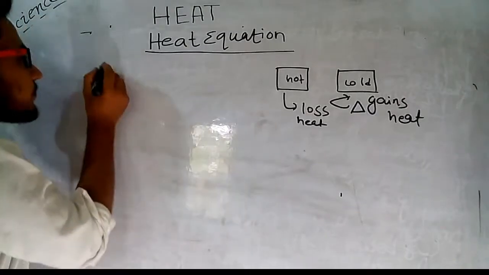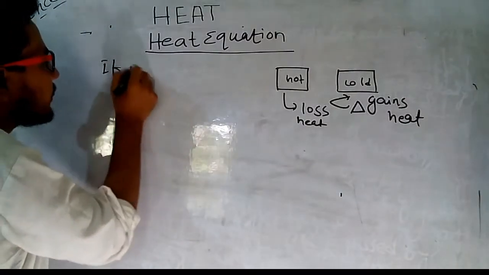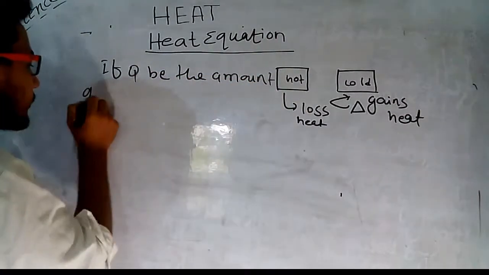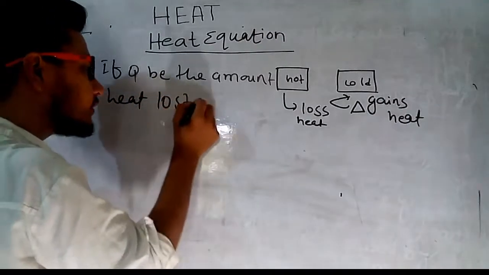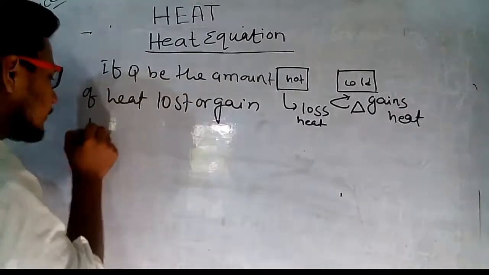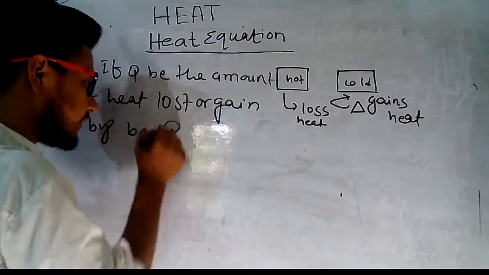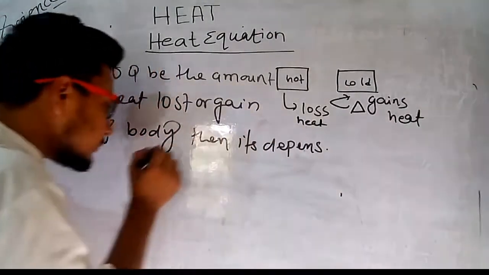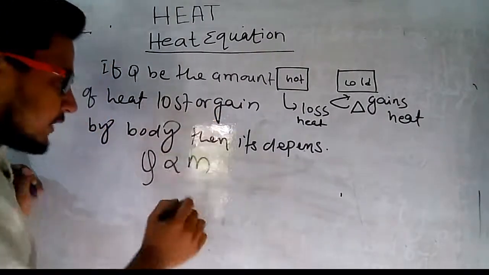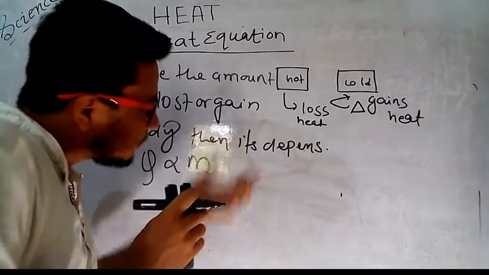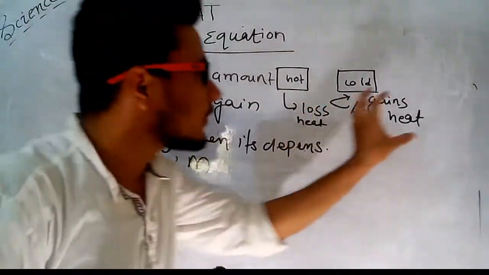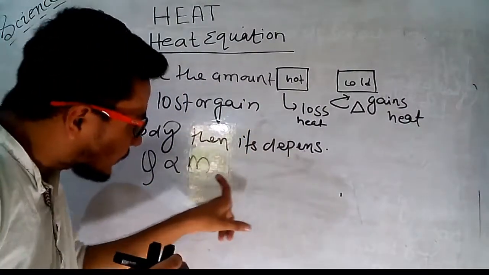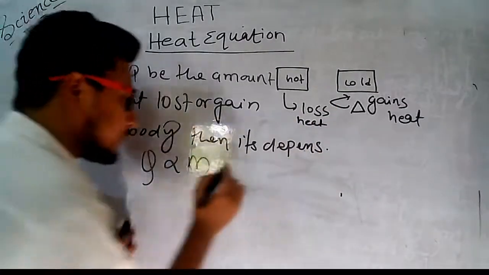If Q is the amount of heat lost or gained by a body, then Q is directly proportional to m. It means that the amount of heat lost or gained by that body is directly proportional to the mass of that body, and that is equation 1.